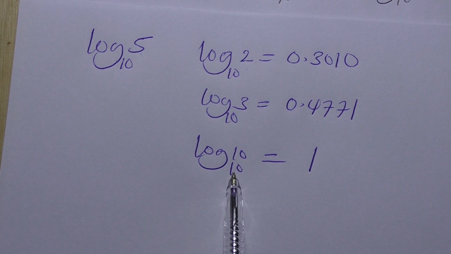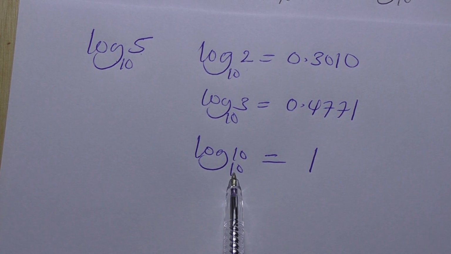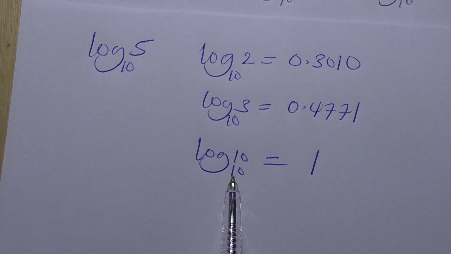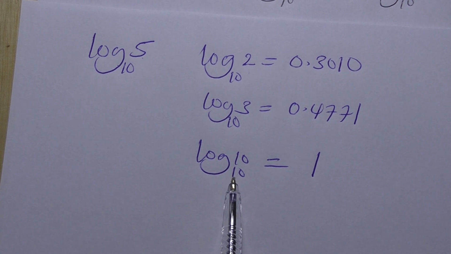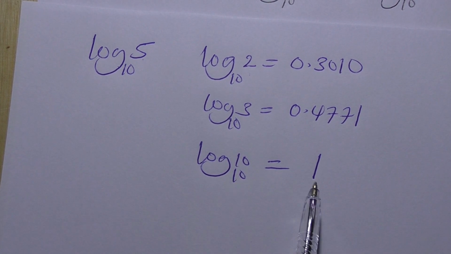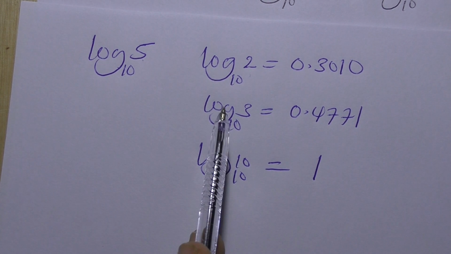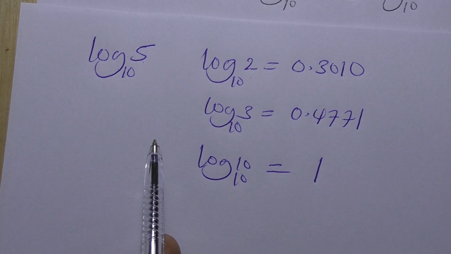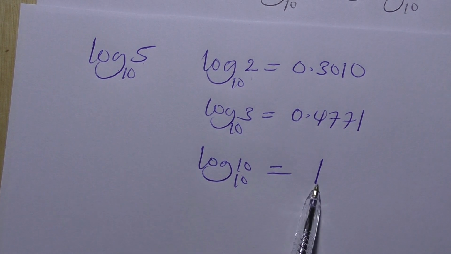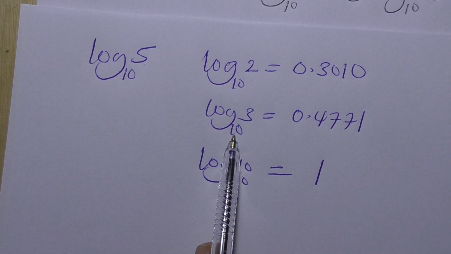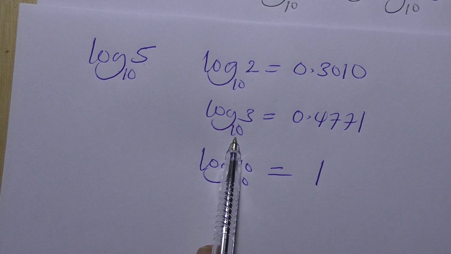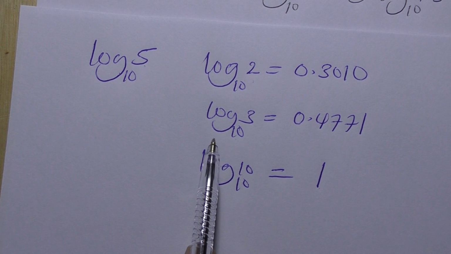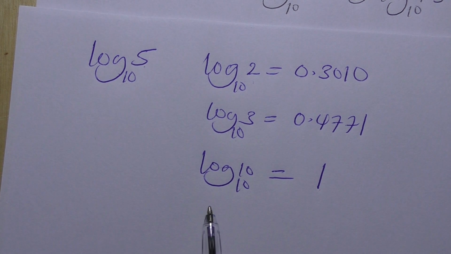Using the law of base and power, whereby the law states that when I have a logarithm having the power equaling to the base, that log equals to 1. So since our base was 10, that means that we are indirectly given log of 10, which is 1. Assuming our base was 2, then we could be also indirectly given log 2 since the base is 2. So that is the only trick here.